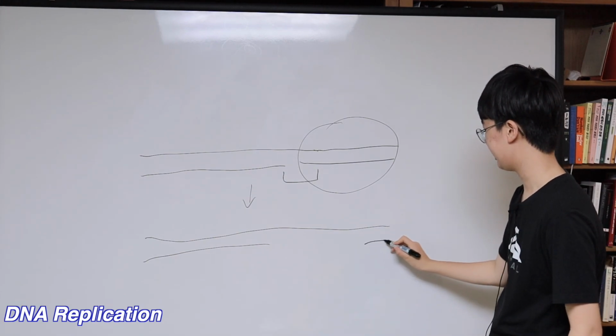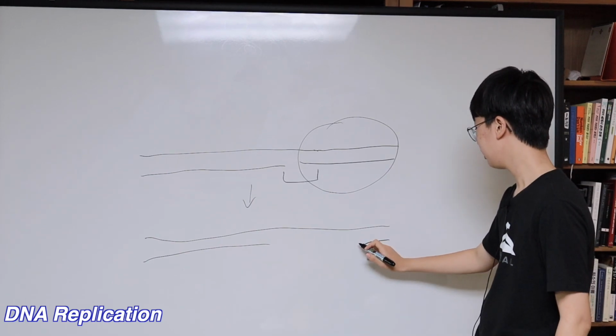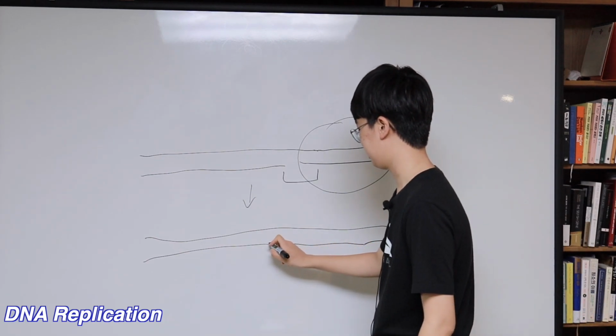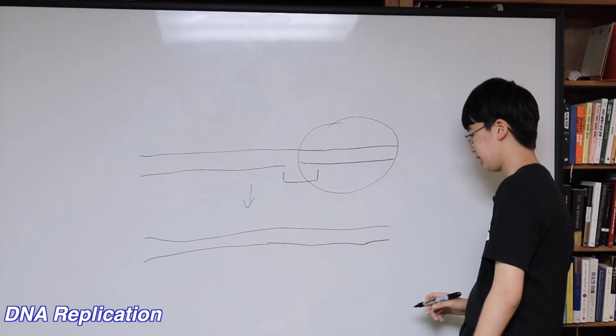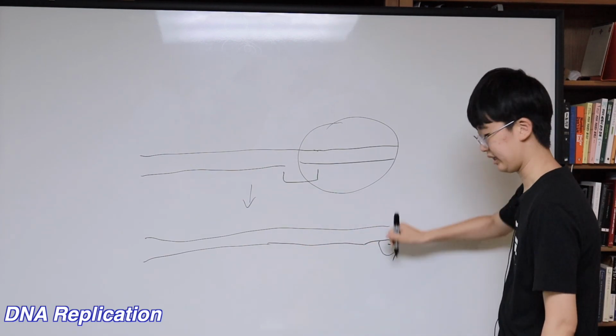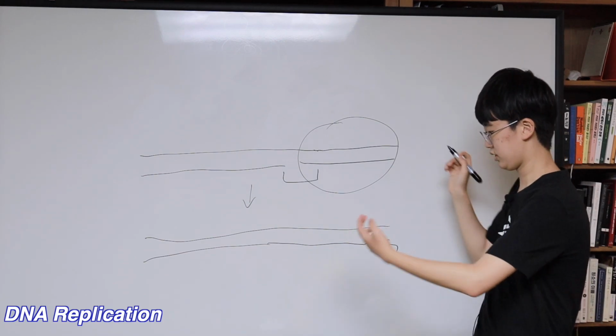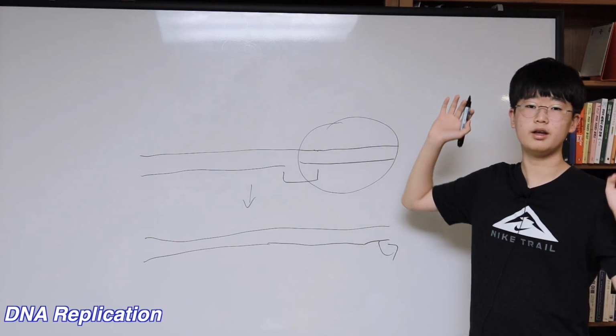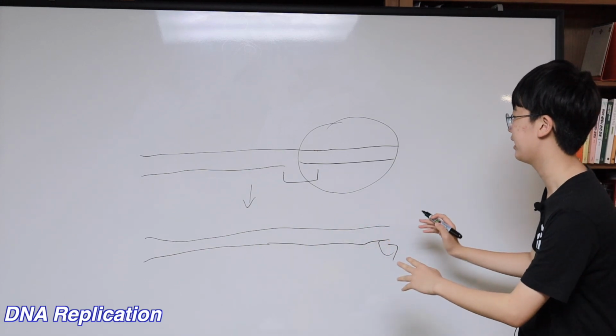So now RNA is made here by the primer, and then DNA is made like that, and then the RNA falls off and DNA takes its place, and the ligase puts everything together, and voila, you have a complete DNA.